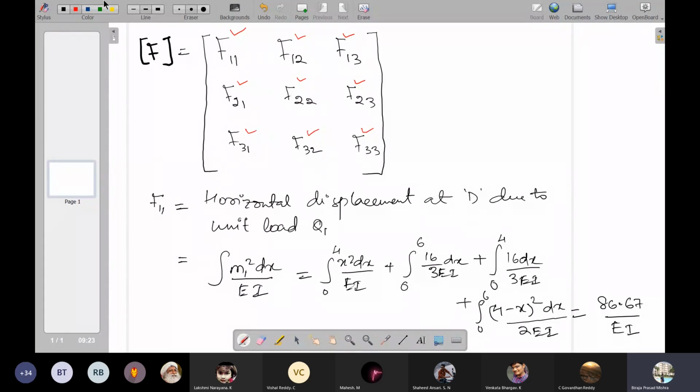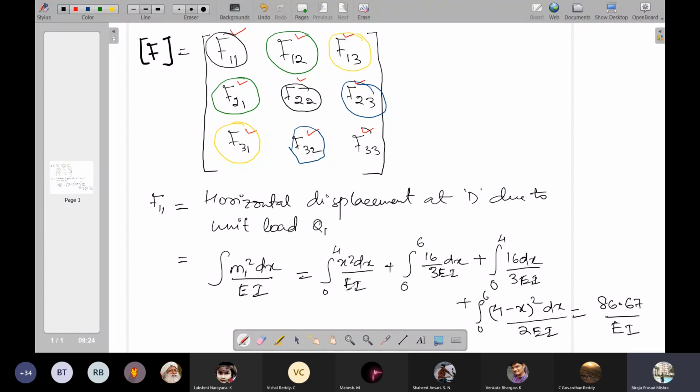Here, remember that F12 and F21 will be the same. Next, F13 and F31 will be the same. And F32 and F23 will be the same. So the unique values will be F11, F22 and F33.